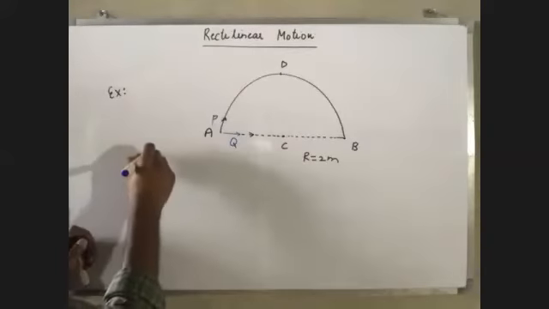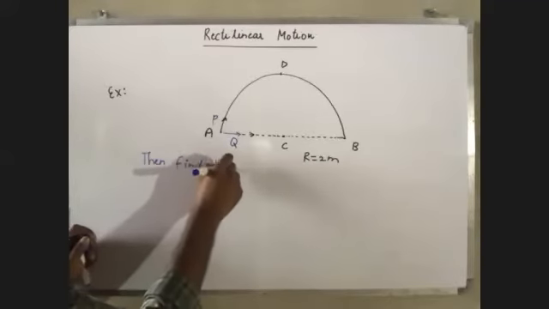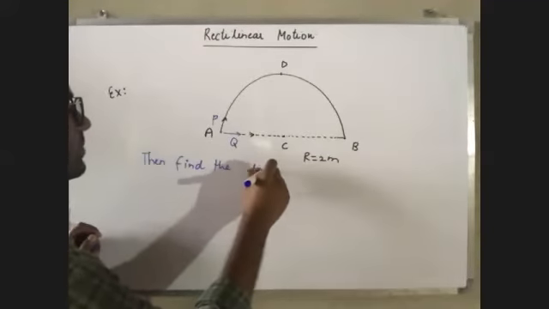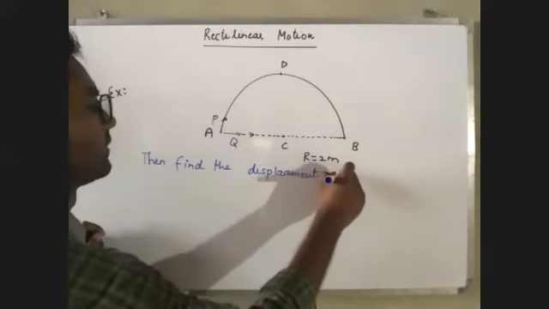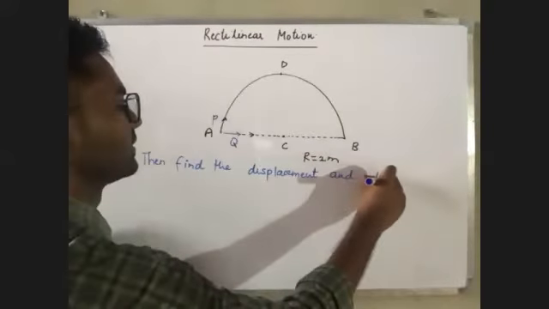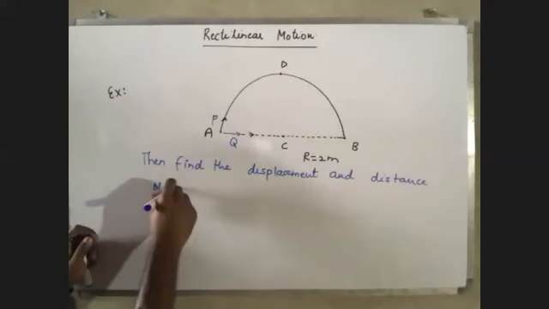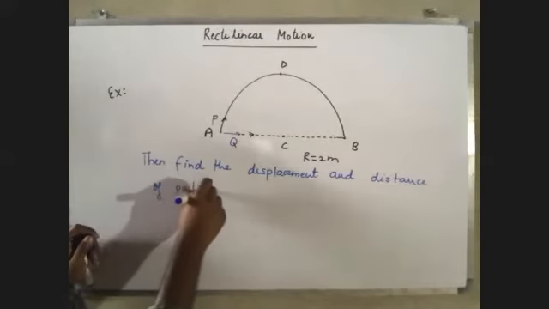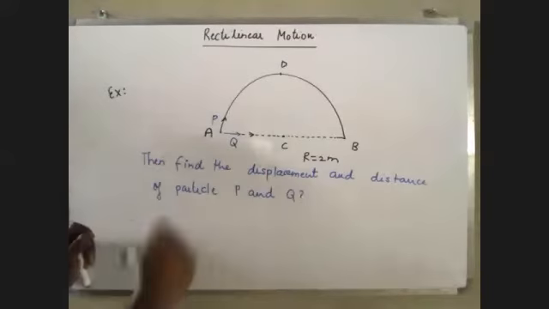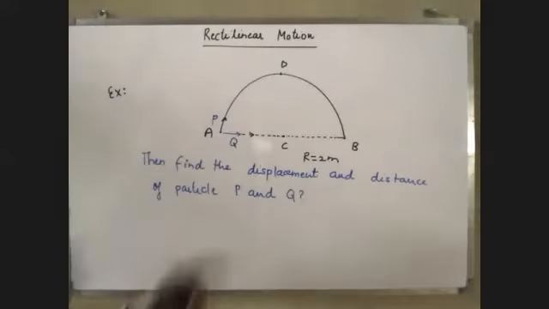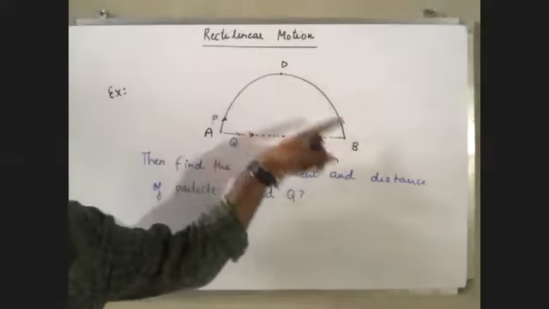Then find the displacement and distance of particles P and Q. Everyone try to find out. Q is moving along ACB, P is moving along ADB.